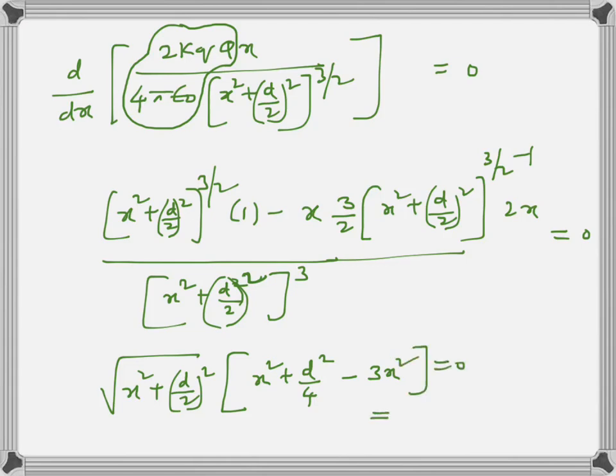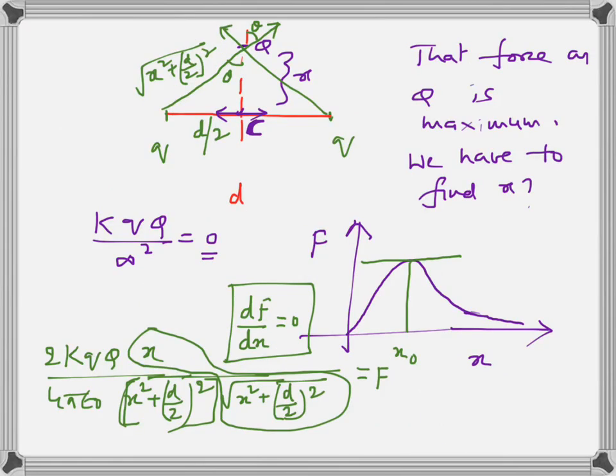So from here I can get x as plus or minus d by 2 root 2. So I get two values of x at which force is maximum. One is plus d by 2 root 2, which is above. One is minus d by 2 root 2, which is below.